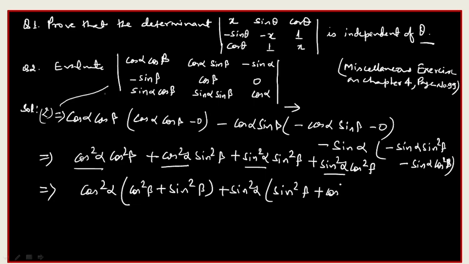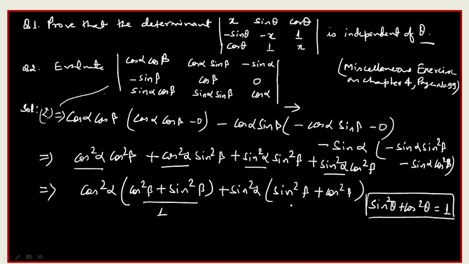By using the formula sin square theta plus cos square theta is equal to 1, this particular formula we are going to utilize. So this will become 1, this one also will become 1, and it will give us cos square alpha plus sin square alpha. Further, this also will become cos square alpha plus sin square alpha is equal to 1.